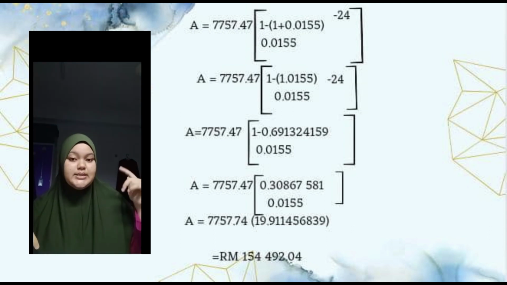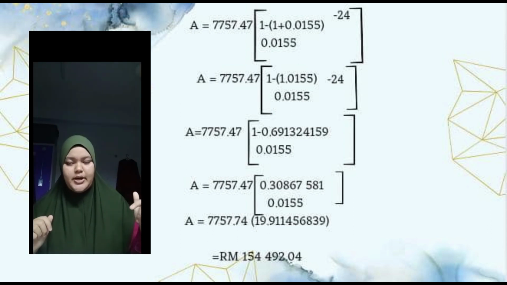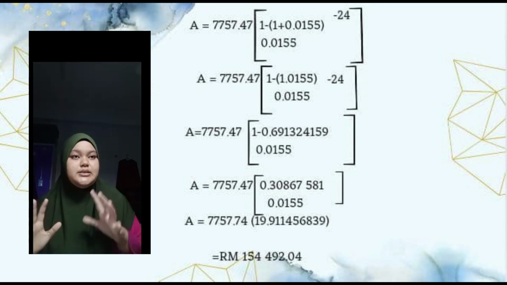A equals 7757.74, open the bracket, 0.30967581 over 0.0155. A equals 7757.74, open the bracket, 1.991, for this is the answer.